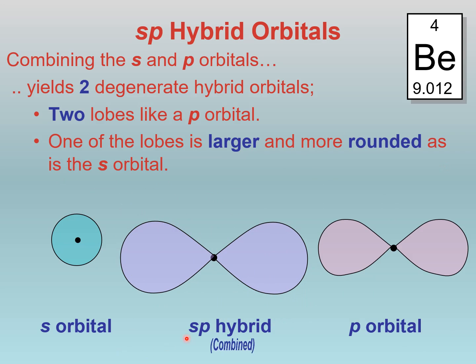To make the sp hybrid, you put those 2 together. So in the end, when it's combined, you've got something that kind of looks like the p orbital, but these so-called lobes would be more circular, kind of like the s orbital. My drawing's terrible.